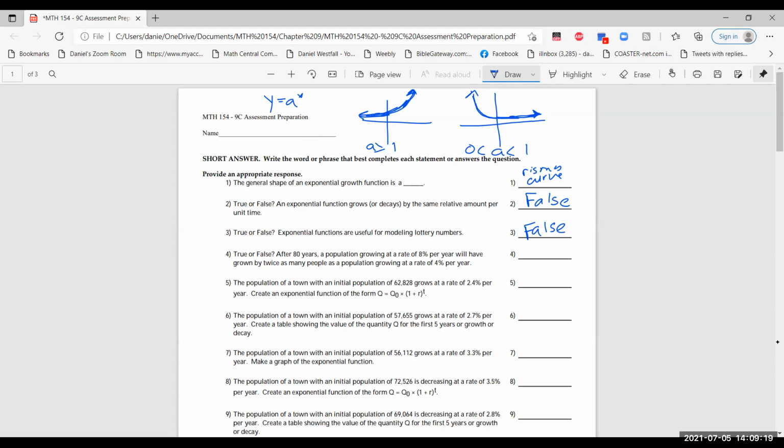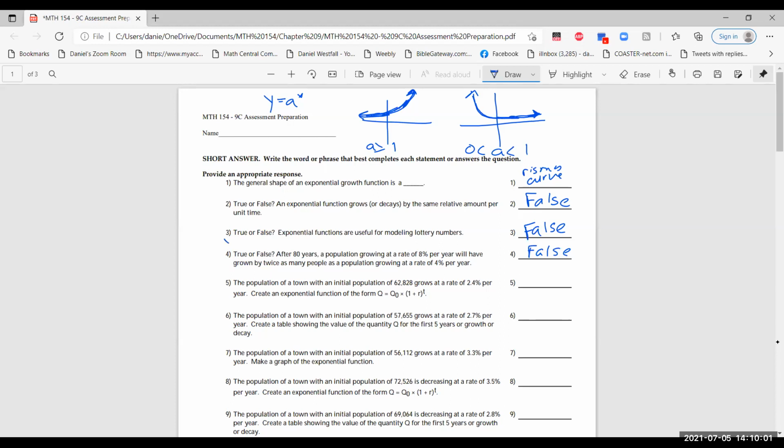True or false, after 80 years of population growing at 8% per year, will have grown by twice as many people as a population growing at the rate of 4% a year. That's false. Let's just show you that. Let's assume that my population is bacteria and it's growing at 108% every year.